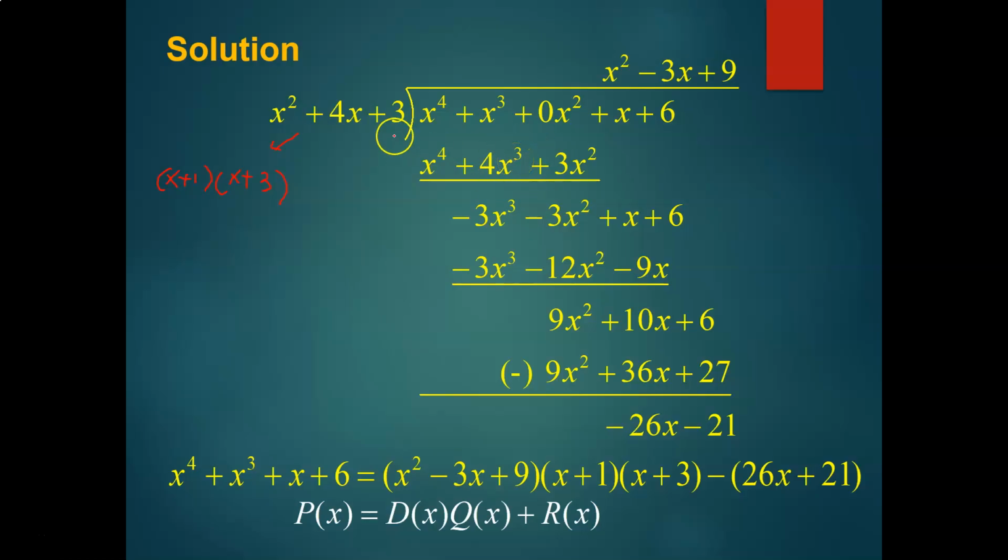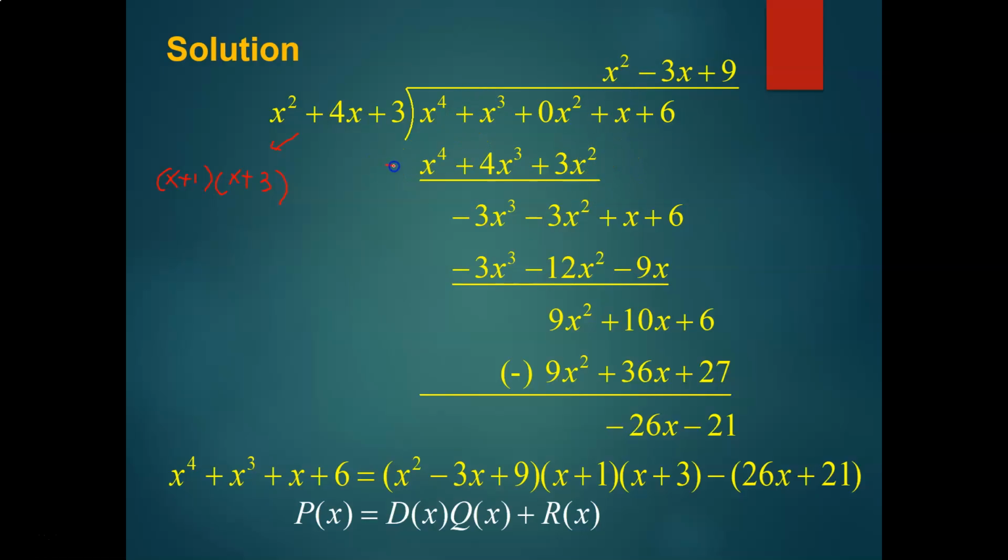Then 3 times x square, you dapatlah 3x square. So I repeat again, yang belum disentuh, yang ini you darabkan dengan yang atas ni. 4x times x square, you get 4x cube. Tu yang dapat dekat sini. Then you have 3 times x square, you get 3x square.